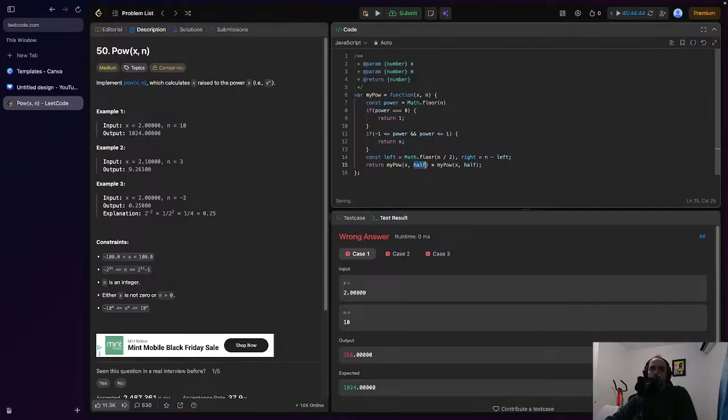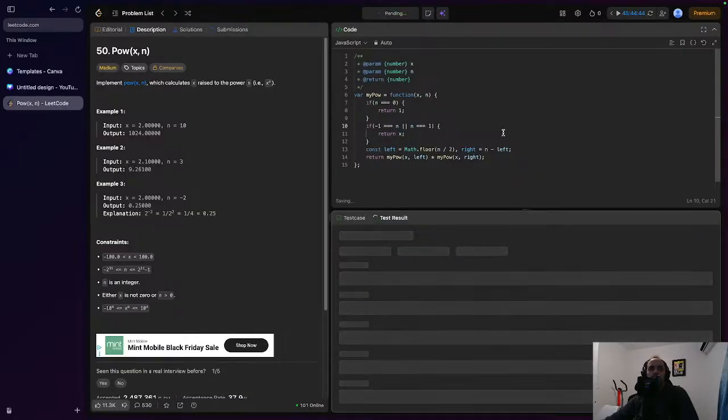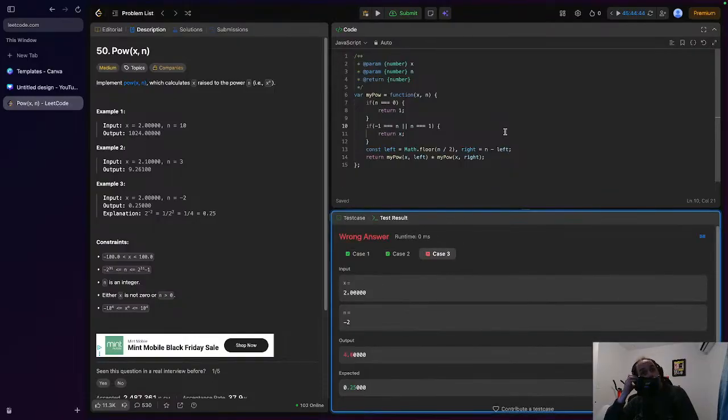And then we could do left, right, and then that. We don't even need that. We just do n. Great. That's awesome progress.